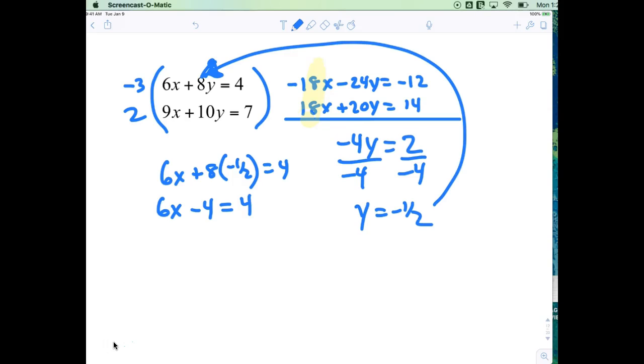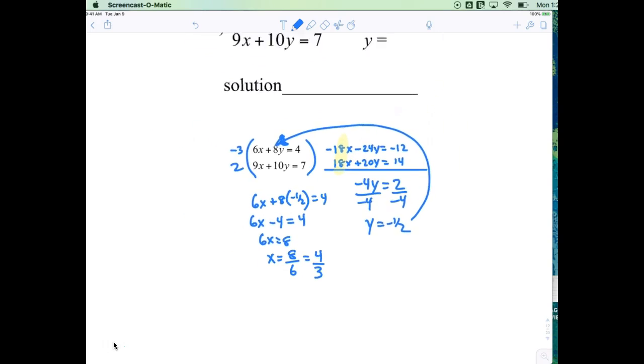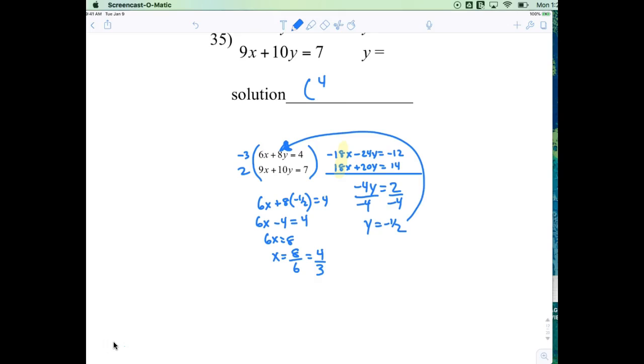You're figuring it out. So 6x equals 8. So x equals, do me a favor, just write 8/6 first. And then 8 divided by 6 reduces to what? 4/3. Everybody okay with that? And so now we're writing it as 4/3, comma, -1/2.